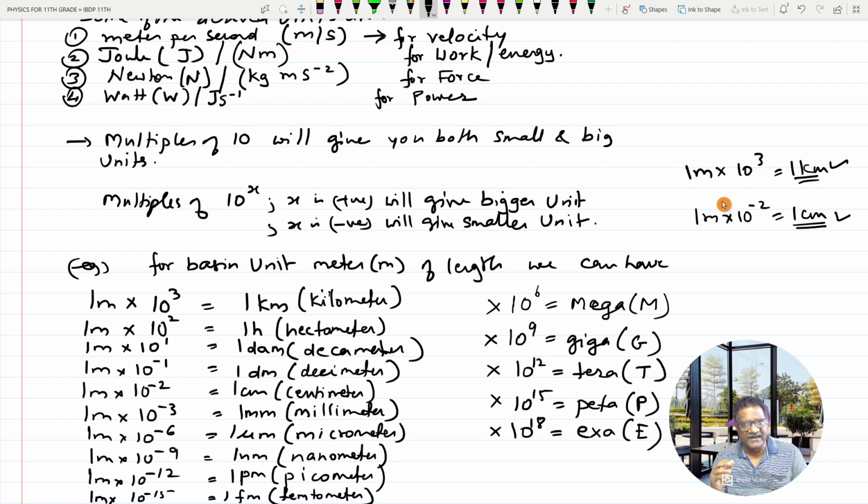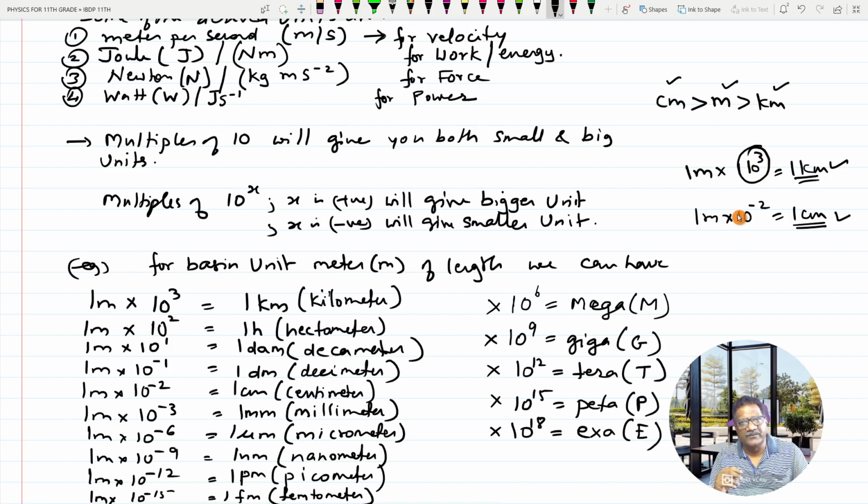You can write it this way: meter, bigger than meter is kilometer, and smaller than meter is centimeter. This is the order. So centimeter is a smaller unit, bigger than that is meter, bigger than that is kilometer. Whenever you multiply by 10 raised to x, and if x is positive, then you say that it is a bigger unit.